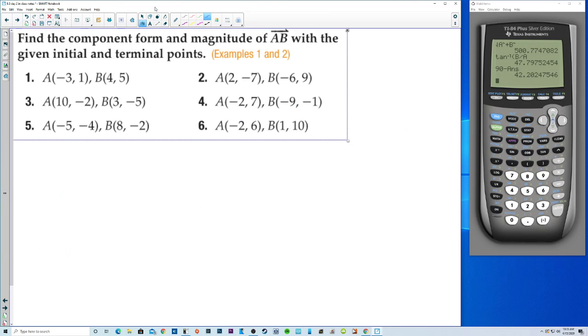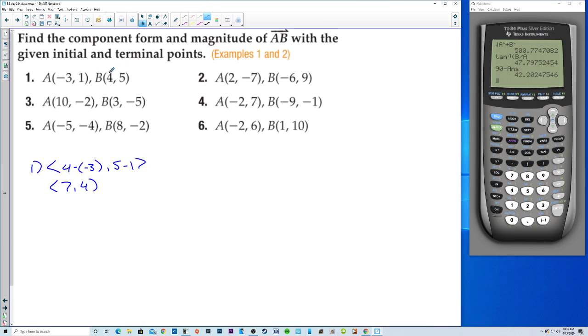Find the component form and magnitude of AB with the given initial and terminal points. Find the component form. So like number 1 is 4 minus -3 and 5 minus 1. So that's 7, 4. So we subtract x2 minus x1, y2 minus y1. And there's your component form.